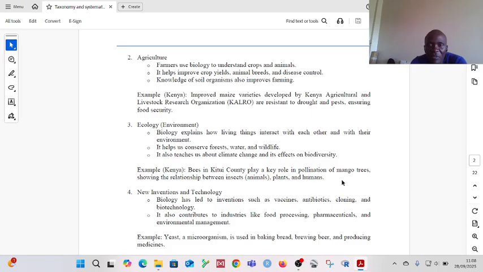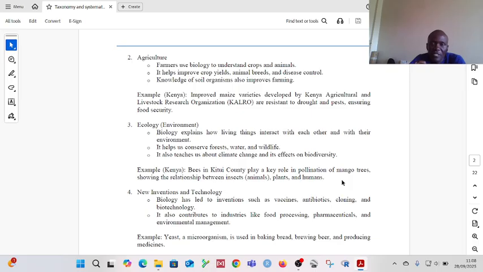Biology also teaches us about climate change and how that change in the climate affects diversity. Okay? Through biology, new inventions and technology are made possible. Through biology, we have things like vaccines, things like antibiotics, very many other important inventions, especially in biotechnology.